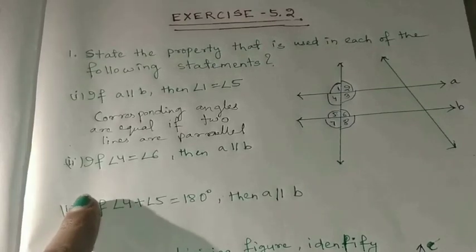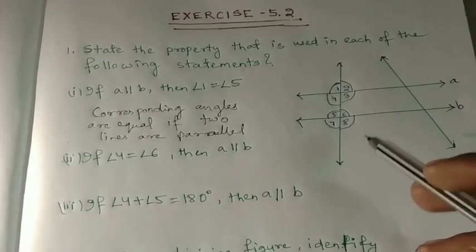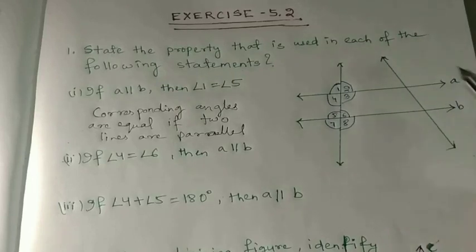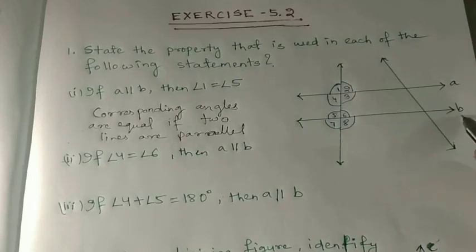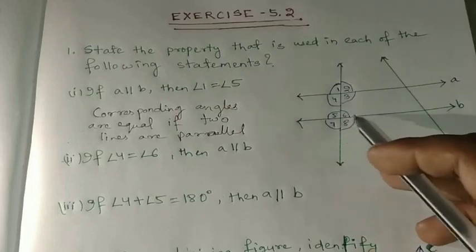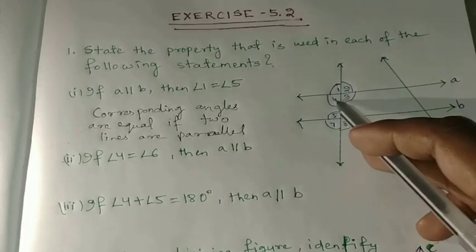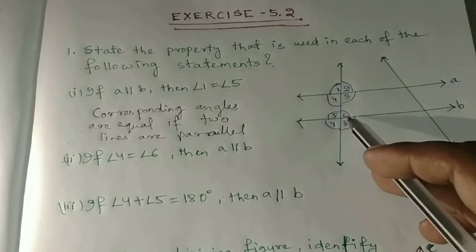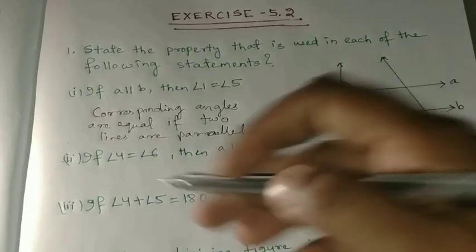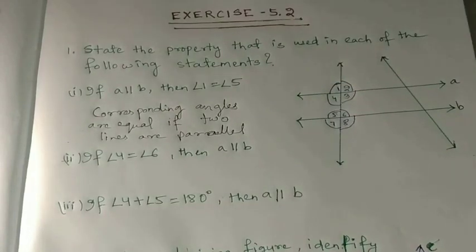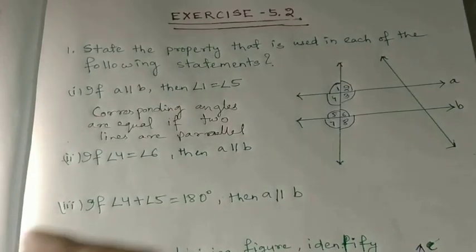Next, if angle 4 equals angle 6, then A is parallel to B. Angles 4 and 6 are alternate interior angles.